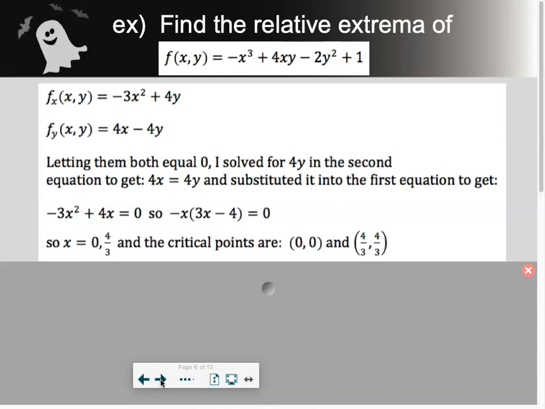Okay, so 0, 0, and D is less than 0, so that's a saddle point. At the other one, D equals negative 6. You plugged in 0 for that one. Saddle point, right? The first one is a saddle point. 0, 0, yeah, saddle point.